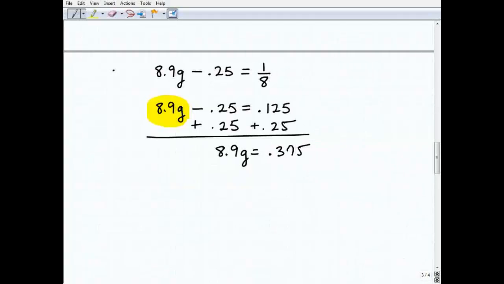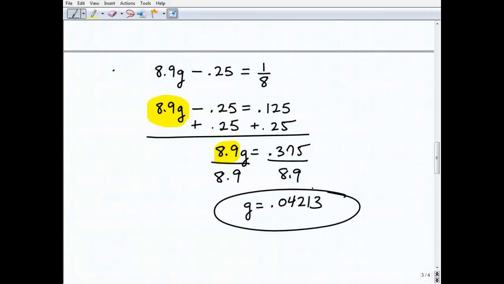So we have 8.9g equals 0.375. To solve for g, I have to divide both sides of the equation by 8.9. So g is going to be equal to 0.375 divided by 8.9, and I get 0.04213 or so, let's call it.